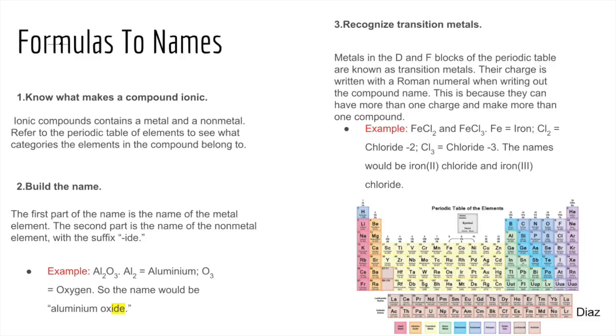Example, FeCl2 and FeCl3. Iron is Fe. The names would be iron(II) chloride and iron(III) chloride.